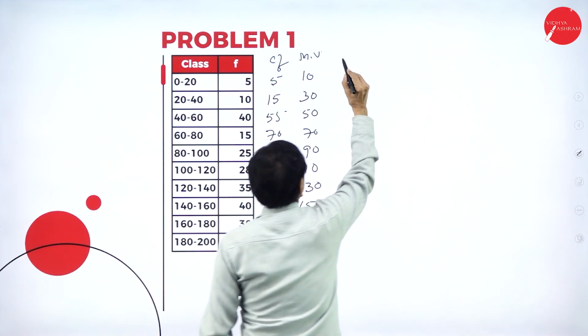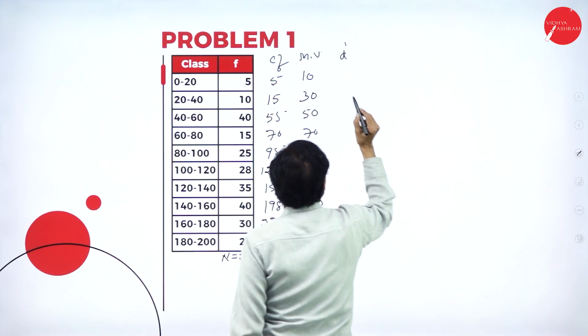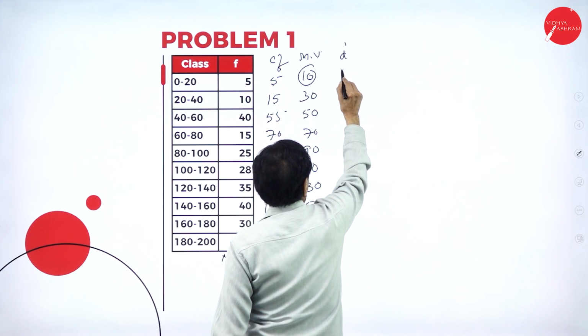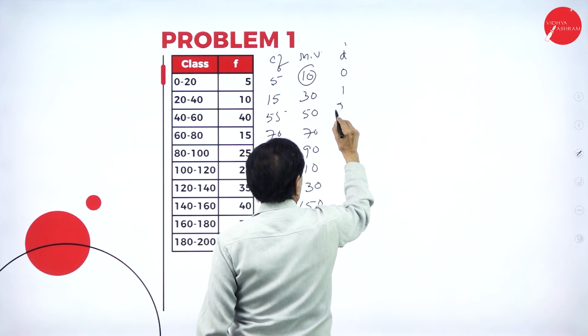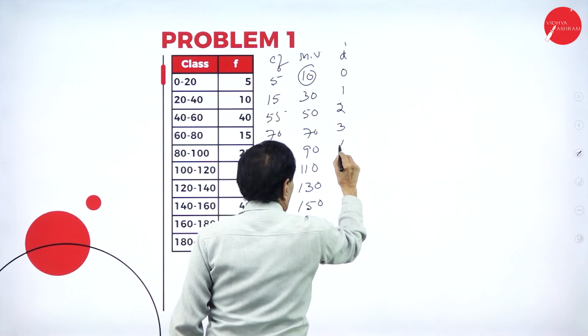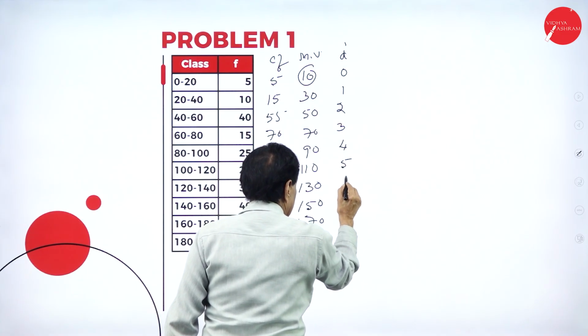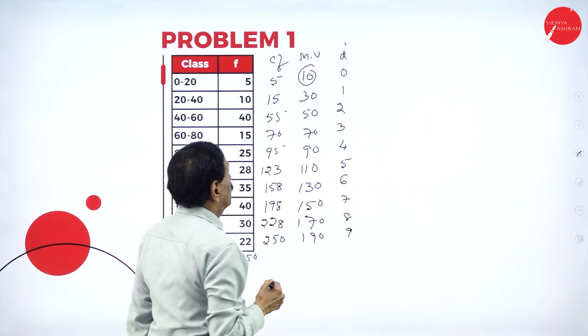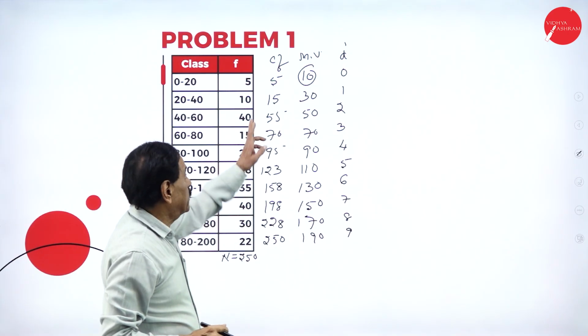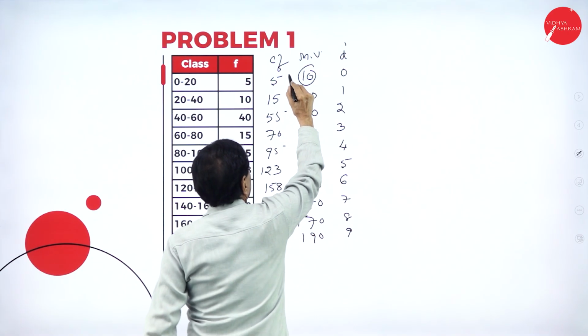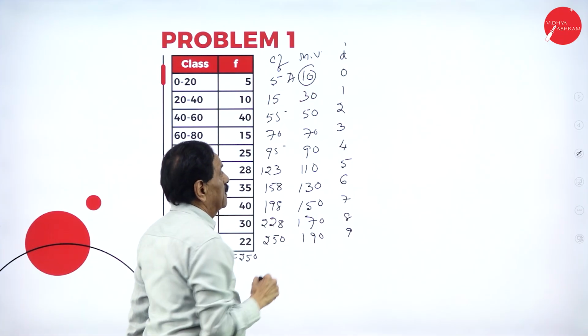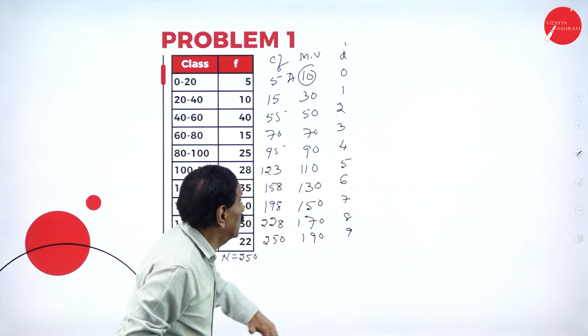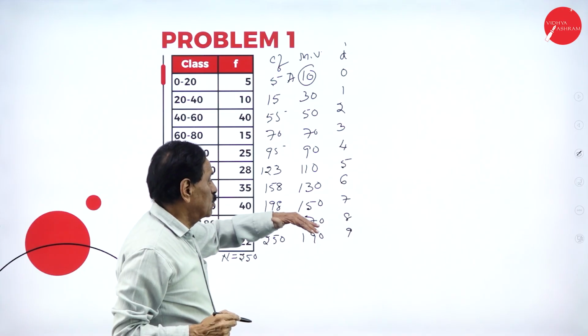Then D dash: the first number as 0, 1, 2, 3, 4, 5, 6, 7, 8, 9. Generally we put the first number as 0. This is assumed. Then all are increasing, so we can go with 1, 2, 3, 4.